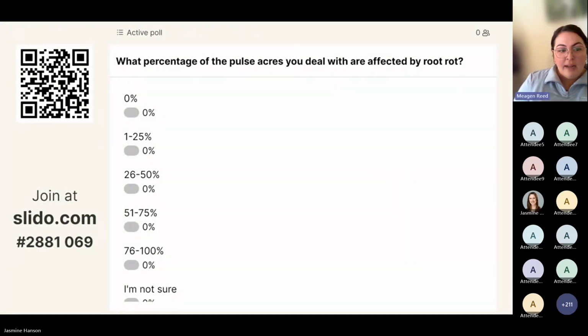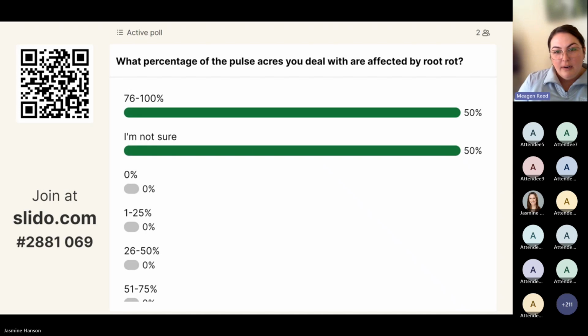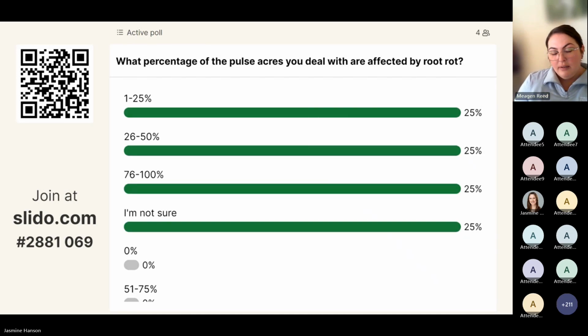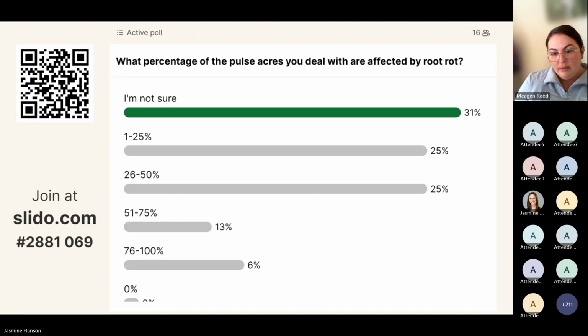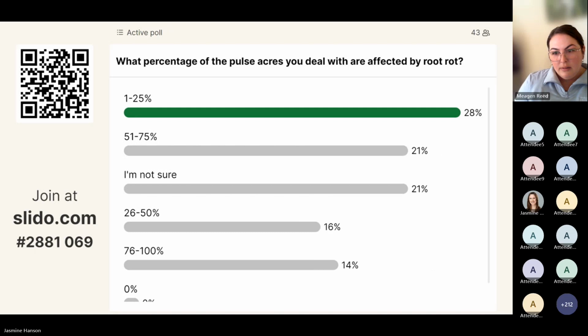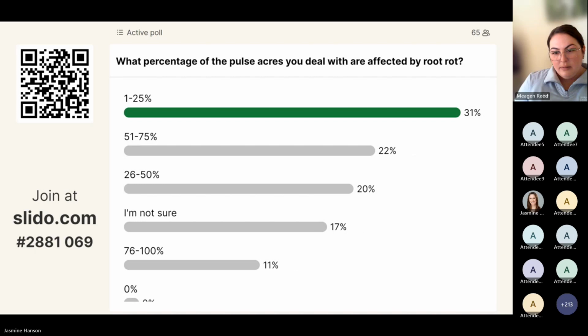Okay, the next question is, what percentage of pulse acres do you deal with that are affected by root rot? We have some different ranges there. Fairly even splits are coming in.